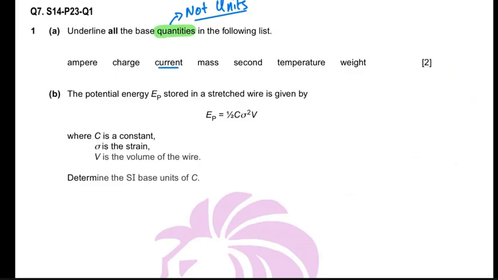Base quantity is mass. Second is a unit of a base quantity, but not a base quantity. Temperature is a base quantity. Weight, no, not a base quantity. Charge, no, not a base quantity. Ampere is a unit of current, but not a base quantity. Here you have to define base quantities.